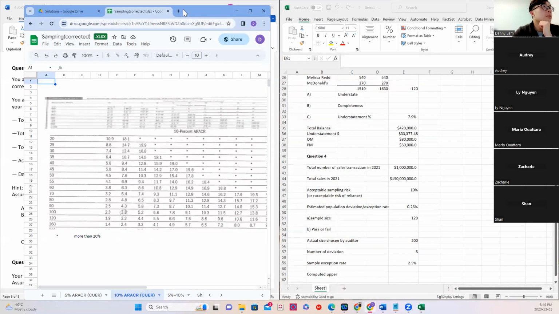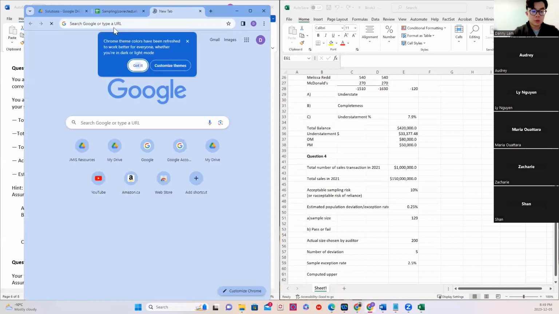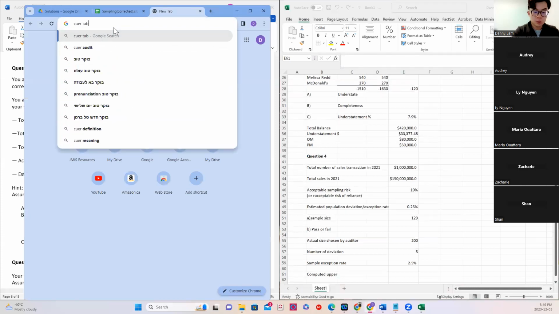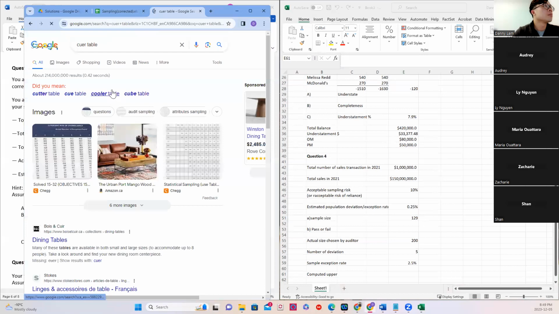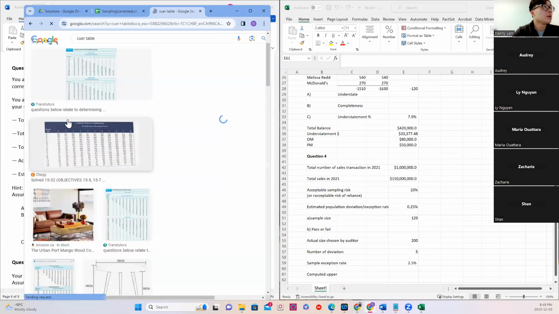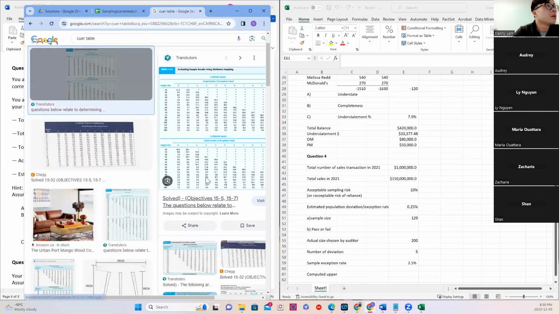We don't have that, so I'm going to Google one. Can you guys see? So 200, and then actual number of exceptions found is 5. So it's 4.6%.